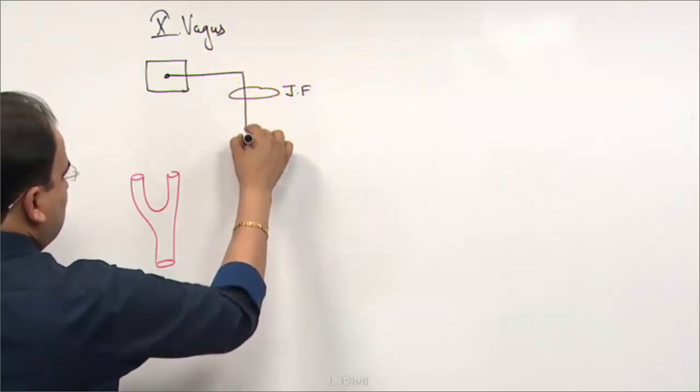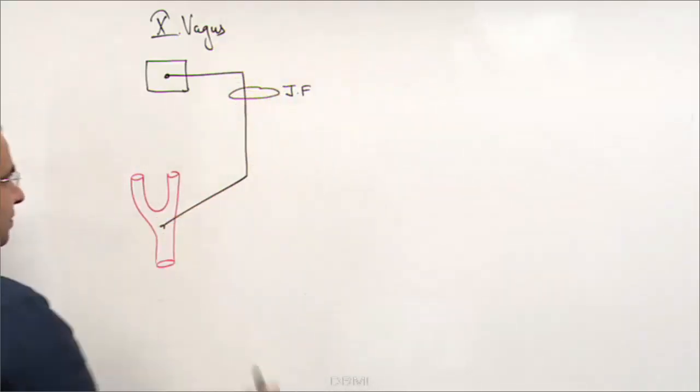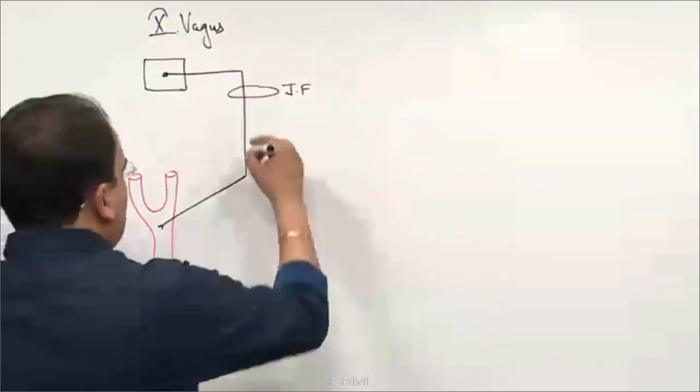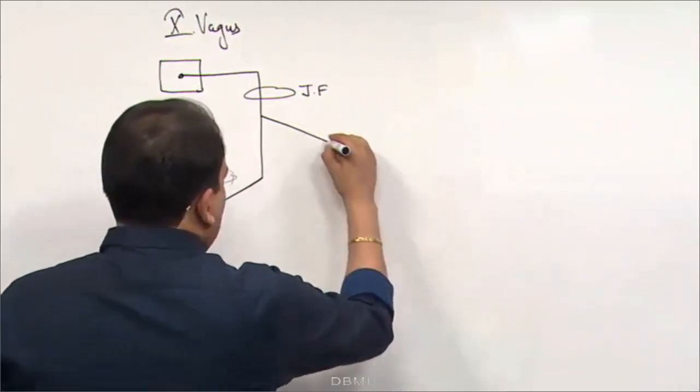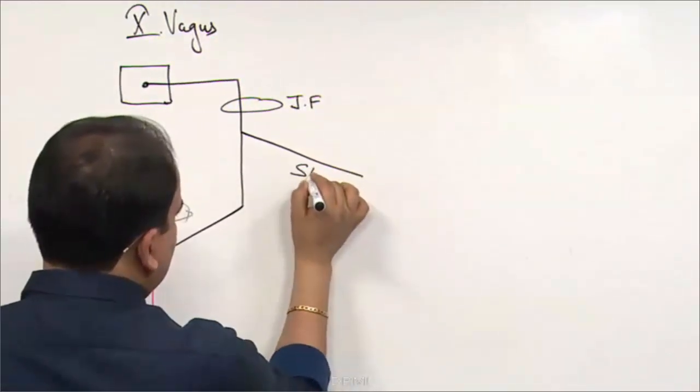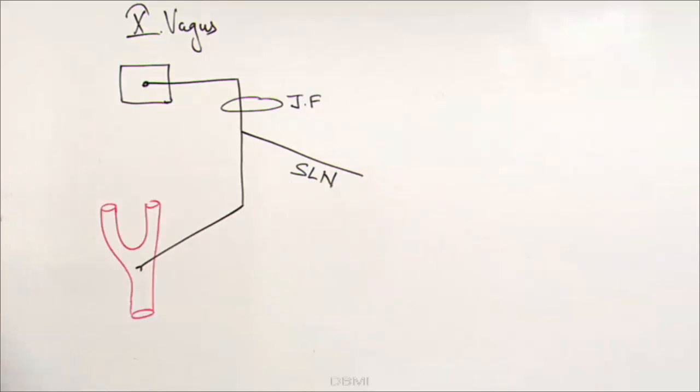So till here it is almost absolutely the same, just like glossopharyngeal. Comes out of the jugular foramen, supplies the carotid body and carotid sinus. The vagus nerve gives off a branch, this is called the superior laryngeal nerve.